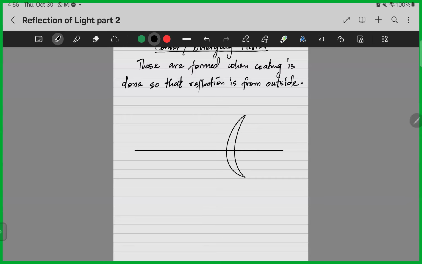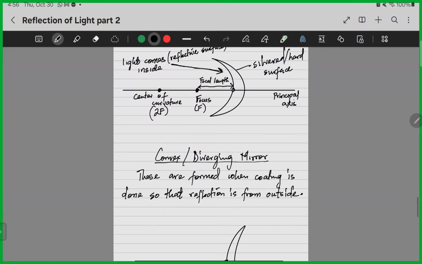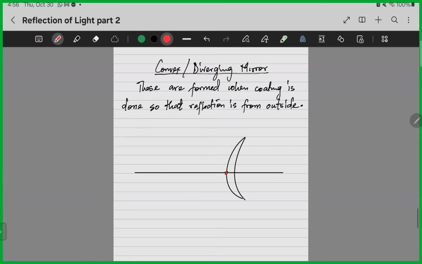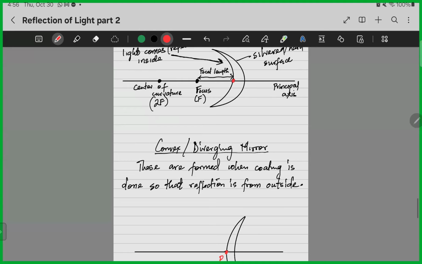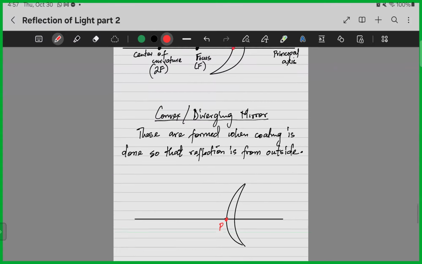And this point here, just like the way you have it here. Let me put it in red. This point here, this point P. I believe that P is generally called the pole. Later on, but just keep it in mind that there's a point P, at least for the mirror.